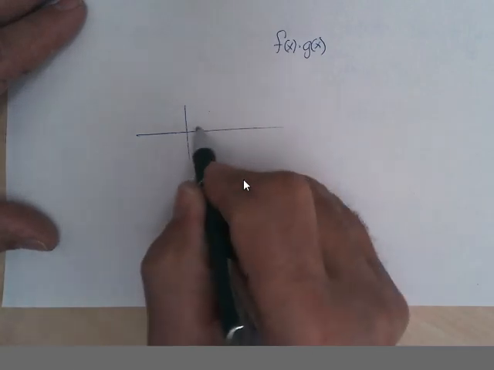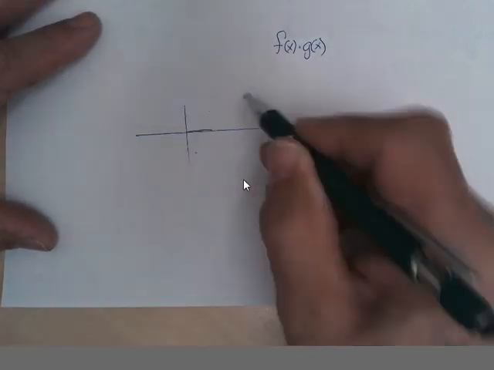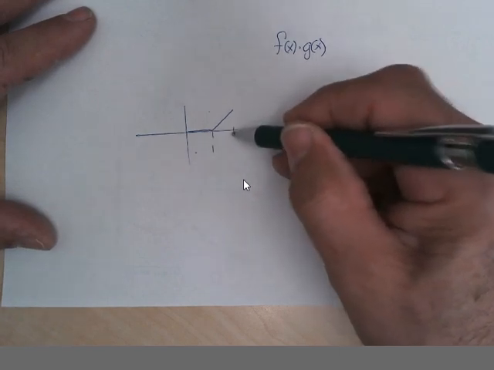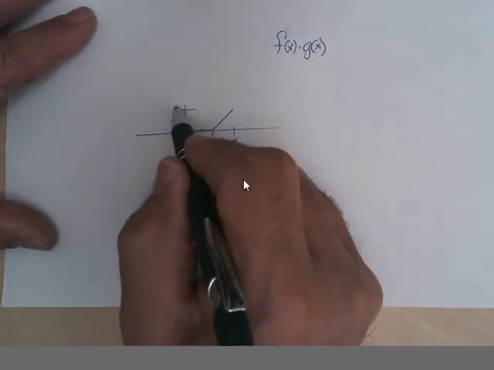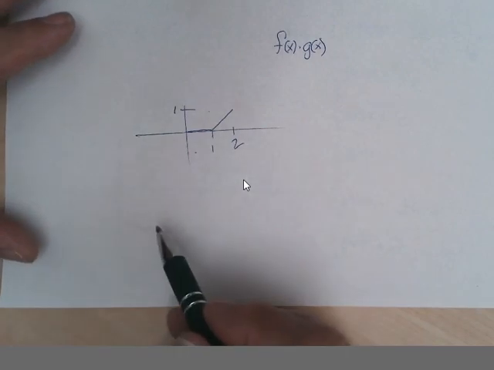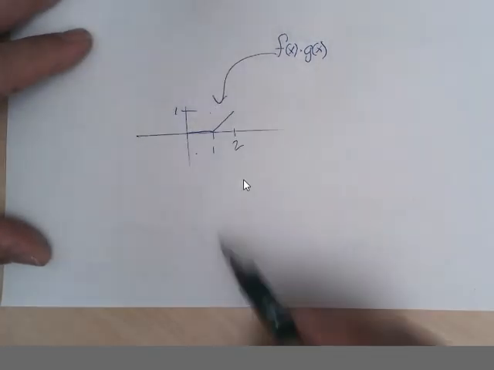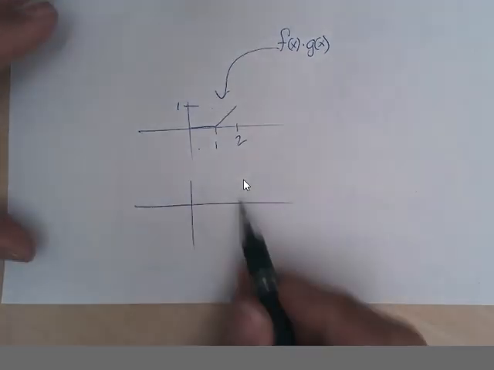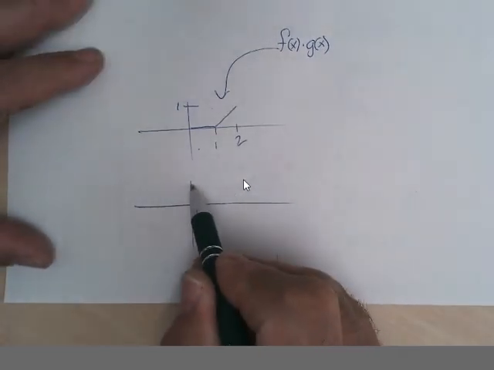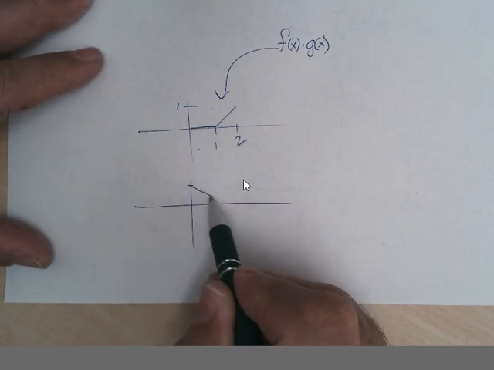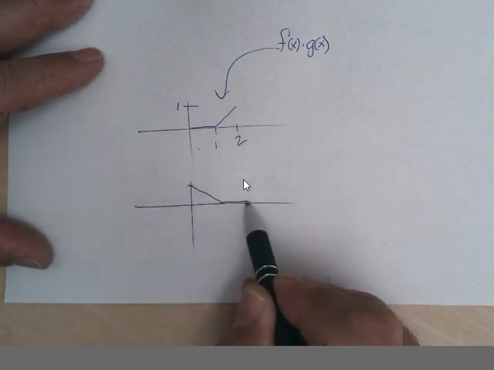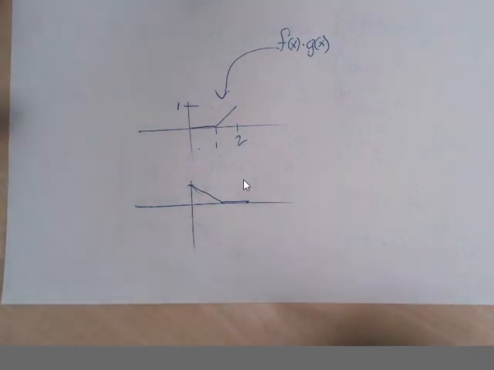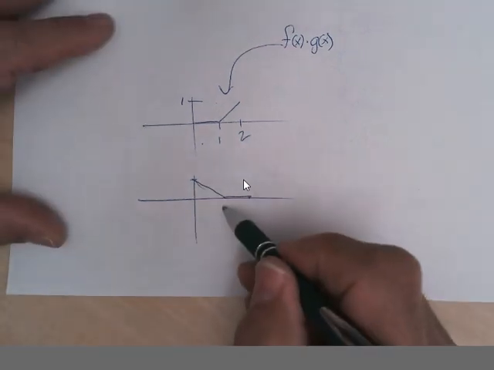It's a graph that's, let's say it's 0 and then it's going up. Here's 1 and here's 2, and it gets up to a height of 1. That's f of x. What if g of x looks like this? Let's say it's sloping down and then it's 0. Okay, this is a little different than I did in class, but I'll do this one.